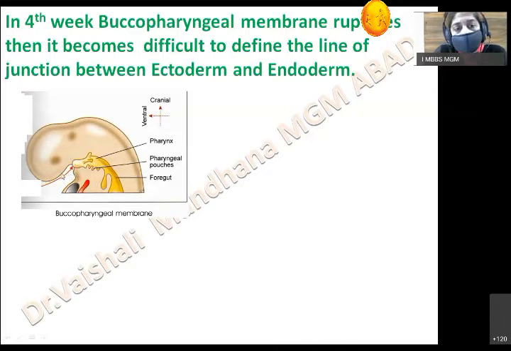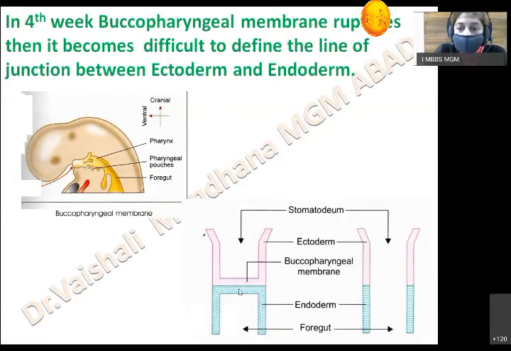If you remember, this buccopharyngeal membrane ruptures, and so ectoderm and the endodermal derivatives form the oral cavity. Ectoderm forms the primitive oral cavity and endoderm forms the definitive oral cavity. So when it ruptures, it is very difficult to differentiate between the ectodermal components and endodermal components. Okay.